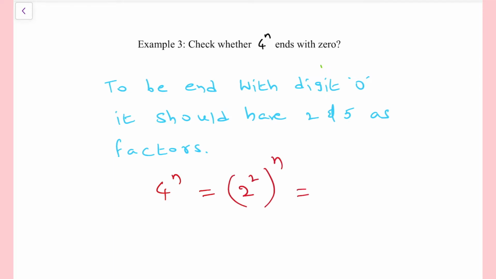For any number, if 2 powers are there with brackets, we can multiply those powers. So 2 power 2 into n, 2n.